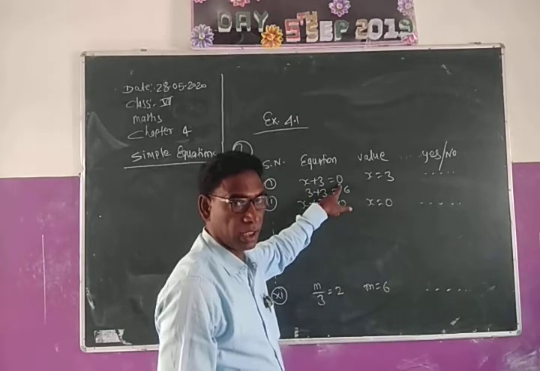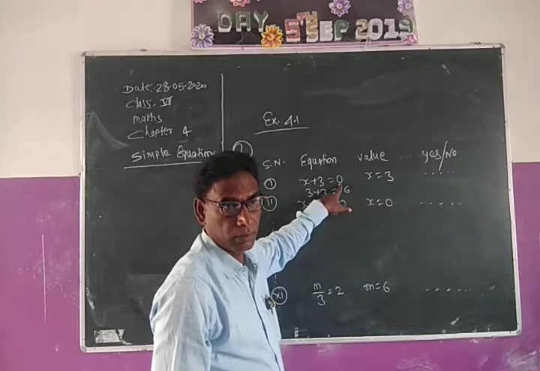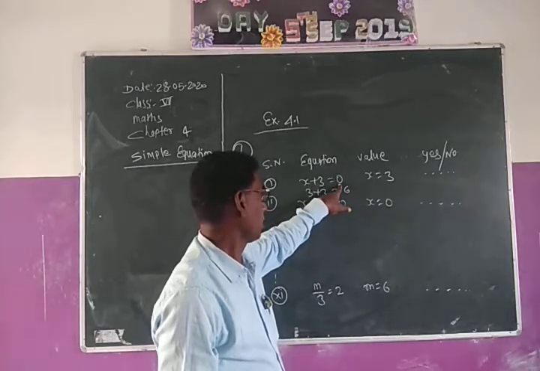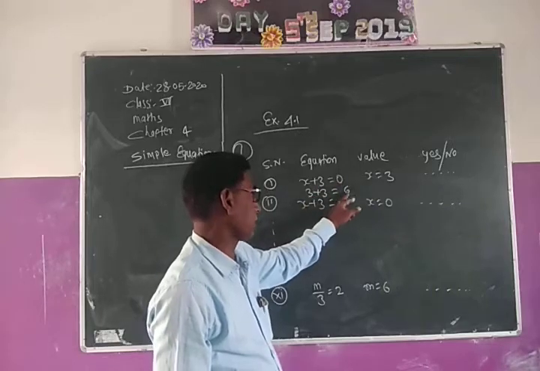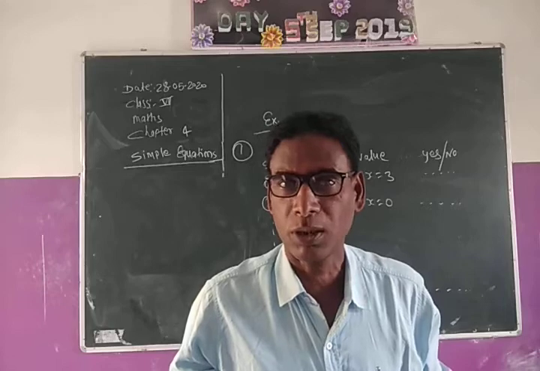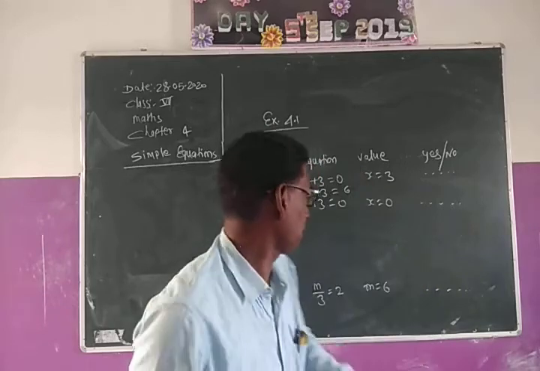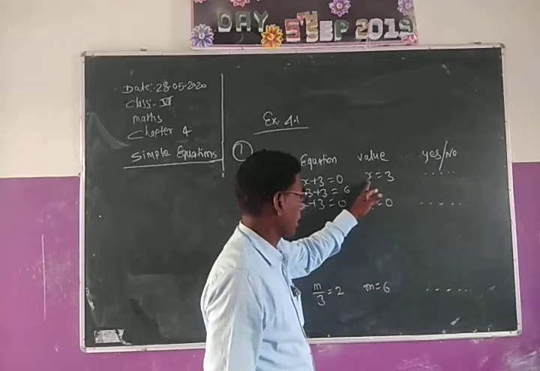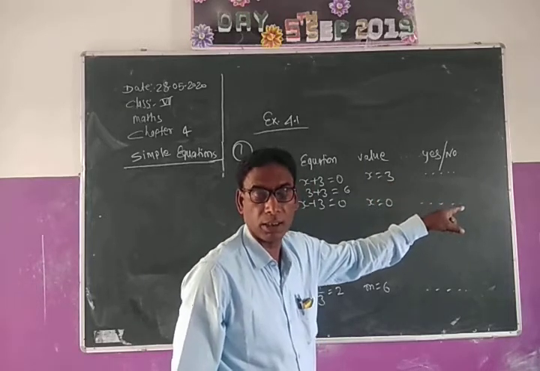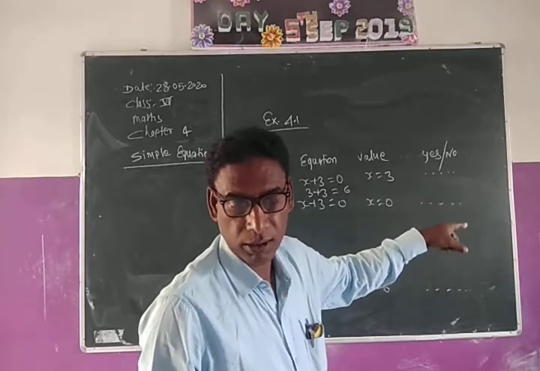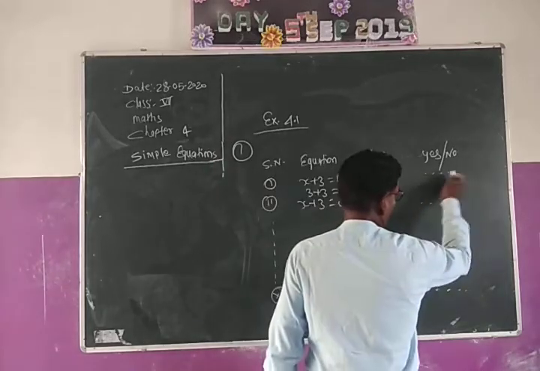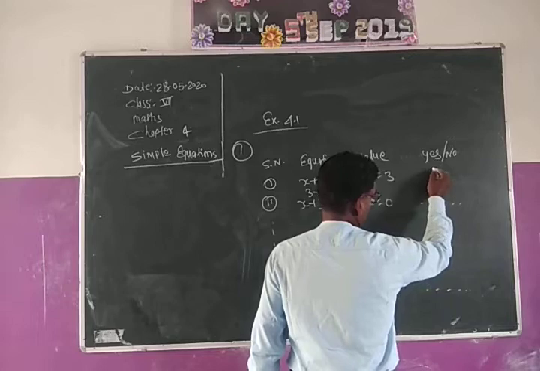The value of RHS is 0 but the value of LHS comes as 6. 6 is not equal to 0. Therefore, x is equal to 3 does not satisfy the given equation. So you write that the equation is not satisfied, no.